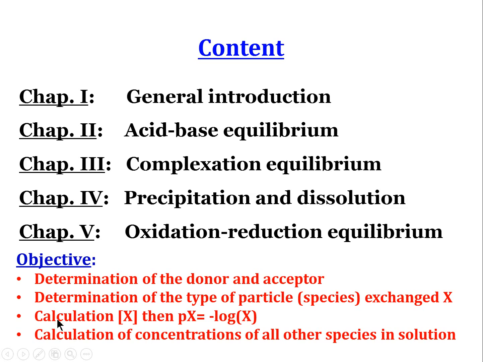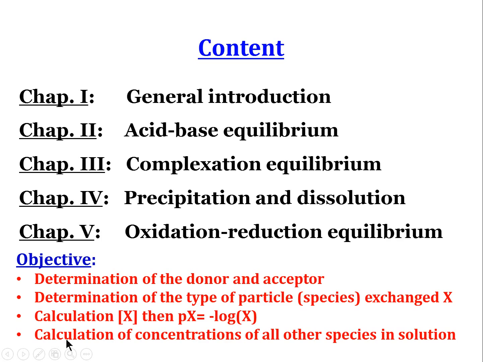Then we have to calculate the concentration of the particle exchanged between the donor and the acceptor, then pX equals minus log X. In case of the acid base, the particle exchanged is H3O plus, so we can calculate the concentration of H3O plus in the solution, then pH equals minus log H3O plus.